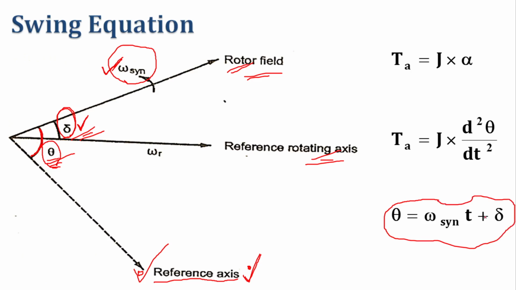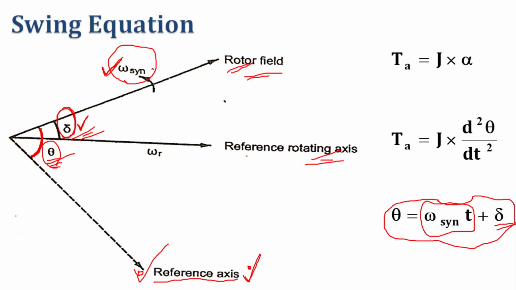Now let me explain how this formula arises. You can see that theta directly depends on delta and omega synchronous, but this angle delta is fixed. So theta is equal to delta plus omega synchronous multiplied by t, because this vector is rotating continuously with respect to time.